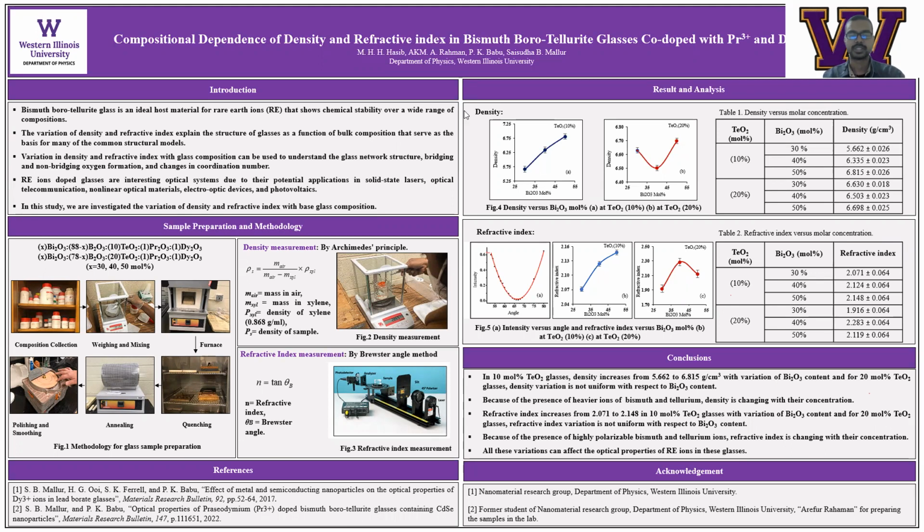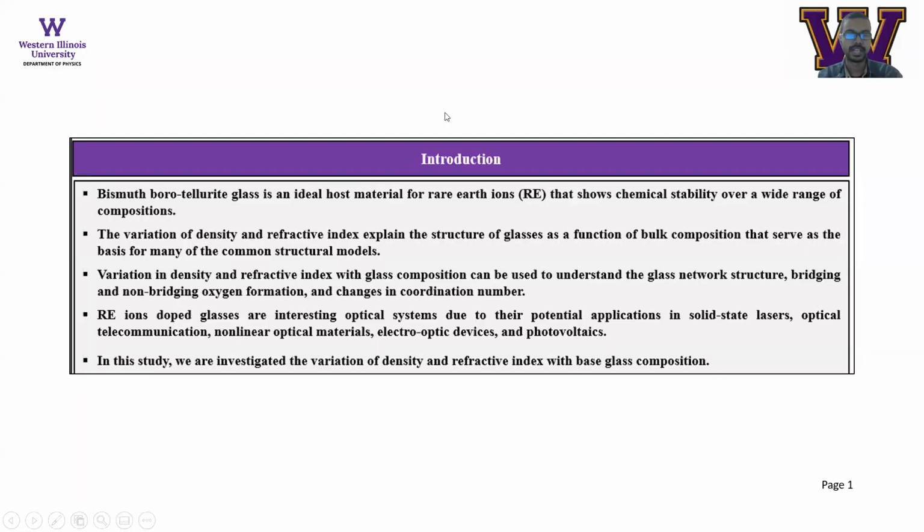So now we can start the whole thing part by part so that we can understand it quite deeply and very slowly. As we have noticed, the main glass is Bismuth Boro-Tellurite glass. So why do we use this one? In short, it's an ideal host material for rare earth ions that shows very good chemical stability over a wide range.